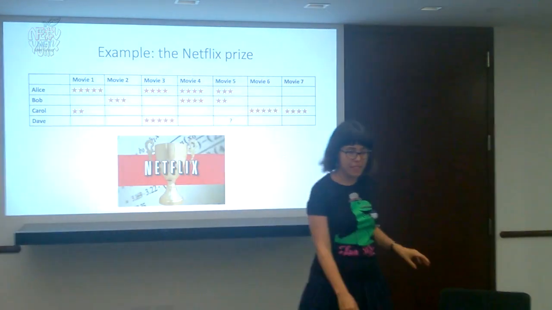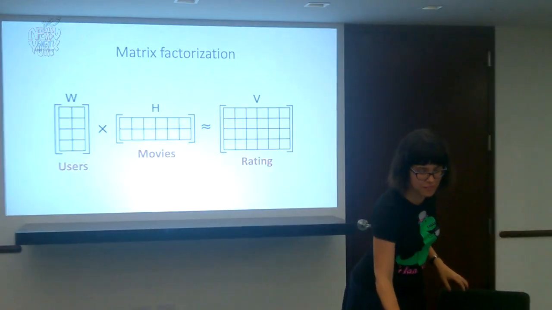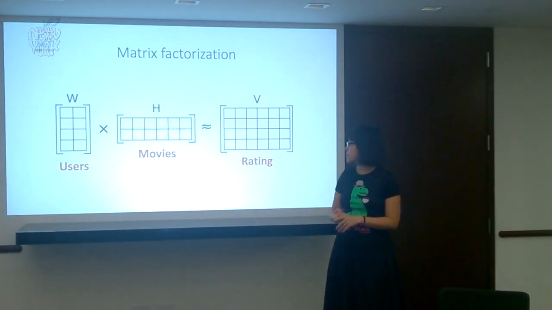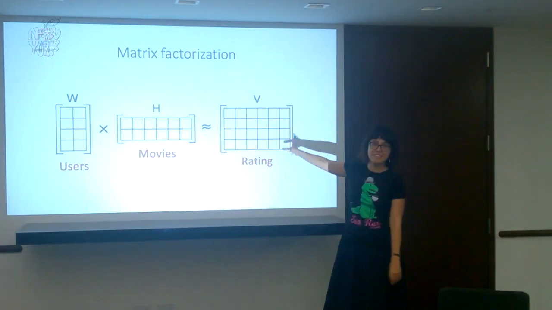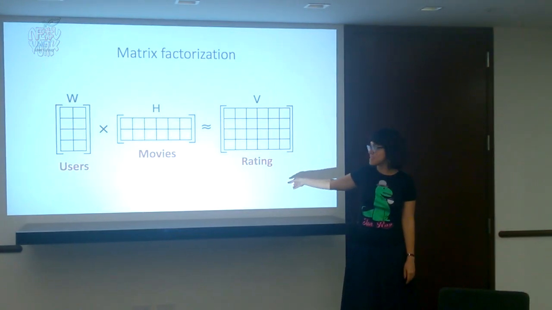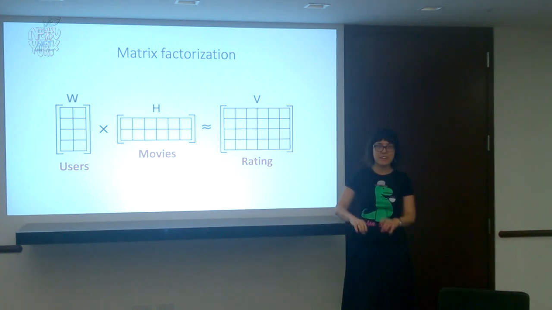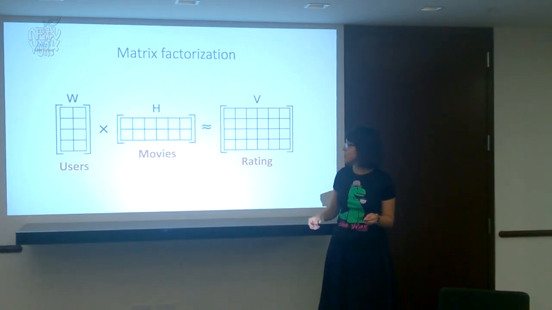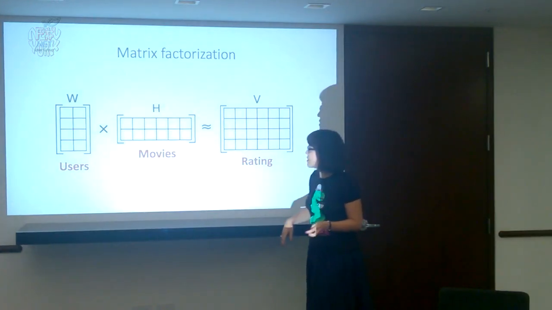The simple algorithm called collaborative filtering uses matrix factorization, where this is the Netflix matrix, let's say. So it's very big and very sparse, and we can actually factorize it into a product of two smaller matrices, where one represents users.